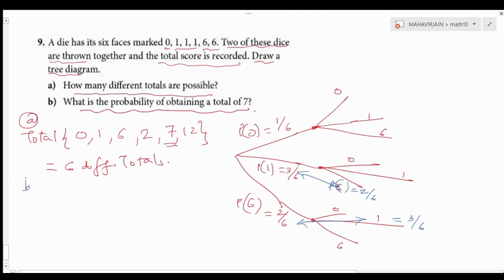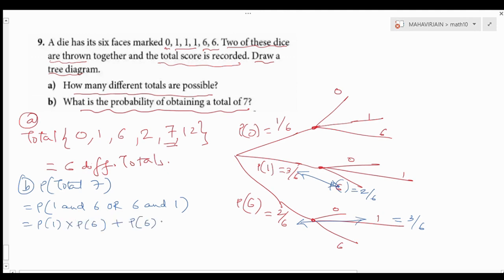So the B part says: probability of a total of 7. That is probability of 1 first and then 6, or probability of 6 first and then 1. And means multiplication.